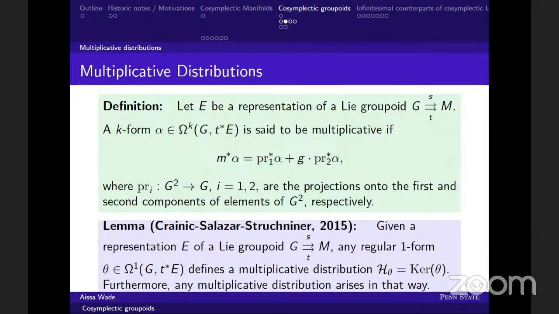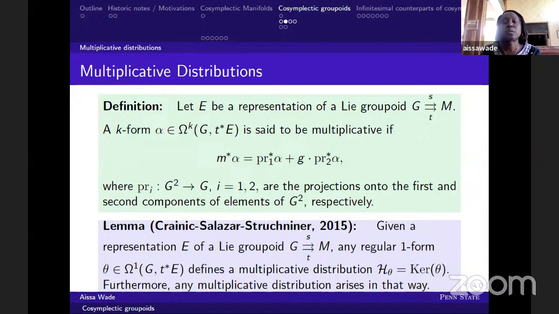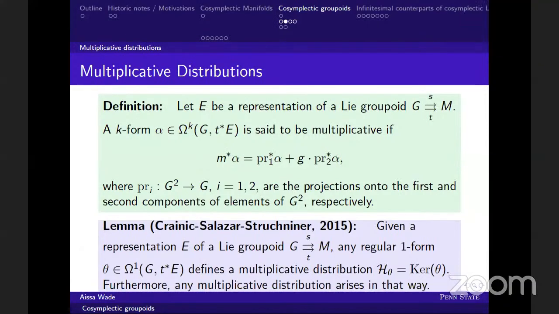If you want a more general distribution on the base, you probably want this one form to have values in a two-term representation up to homotopy, or put it differently, in a VB algebra, which is not necessarily a representation, something slightly more general than that.